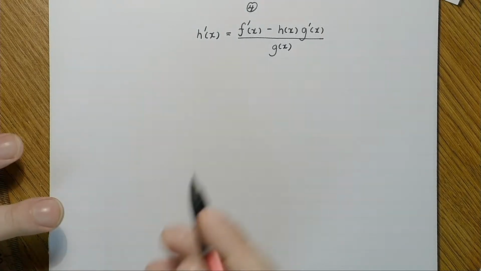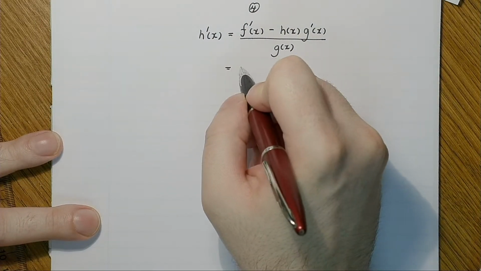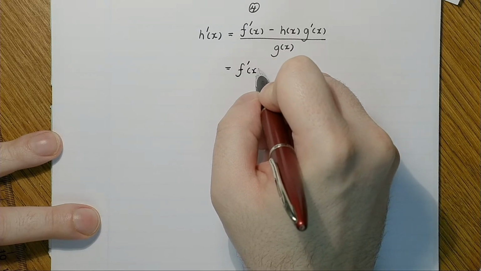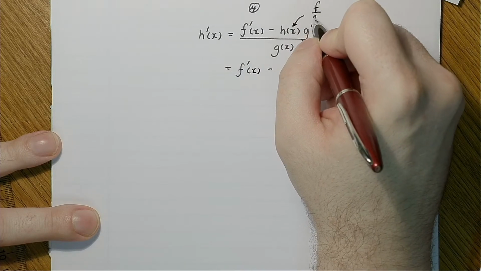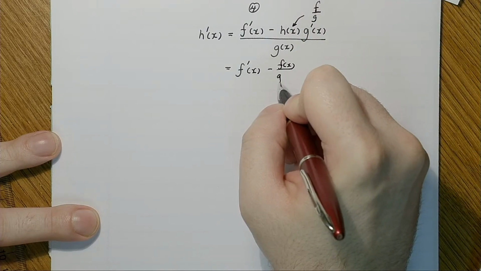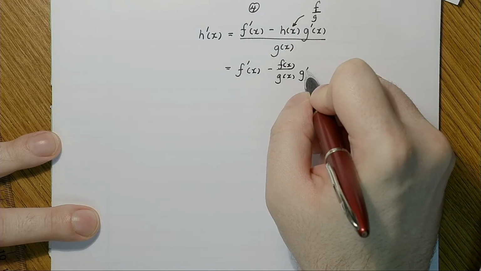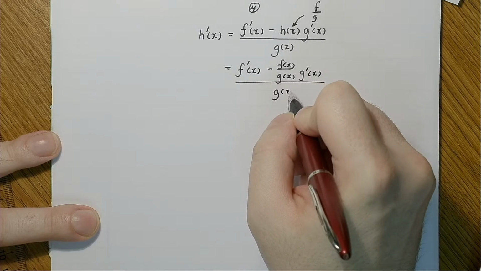So we're almost done. That h of x here, that's f over g. So I'm going to replace that with f of x over g of x, times g prime of x, divided by g of x.